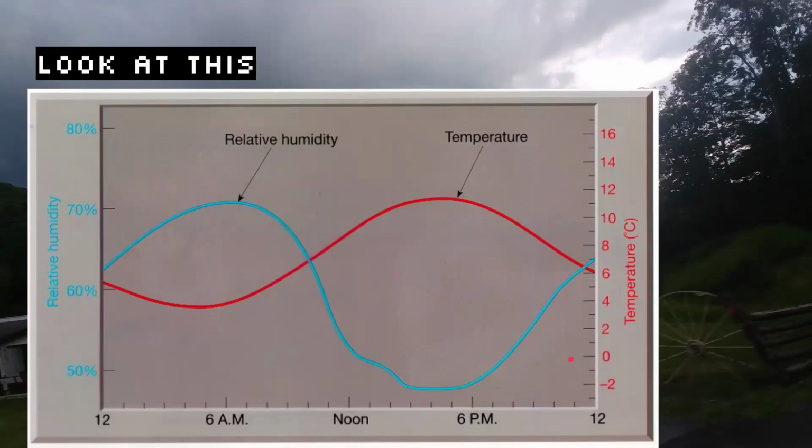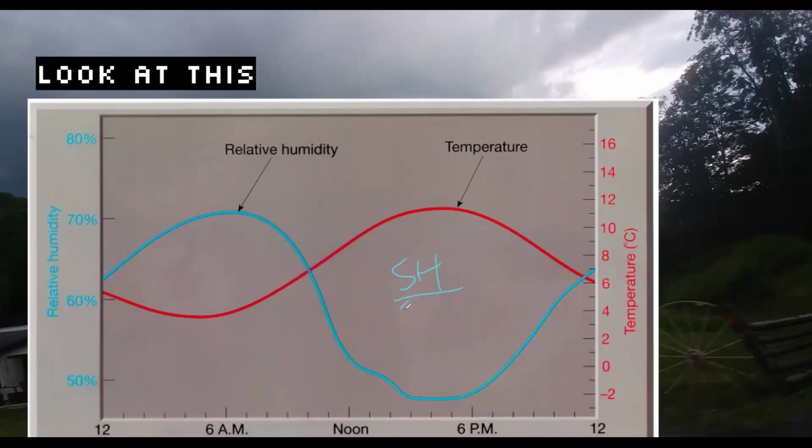And that's what I was saying on the other slide. If we remember what it is, we have SH divided by SHH. SH being what we have, SHH what moisture we could have. When the temperature goes up, this goes up. Like if we have one half, that is bigger than one third.